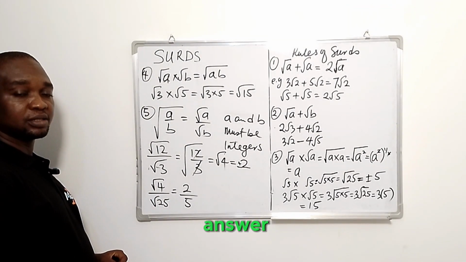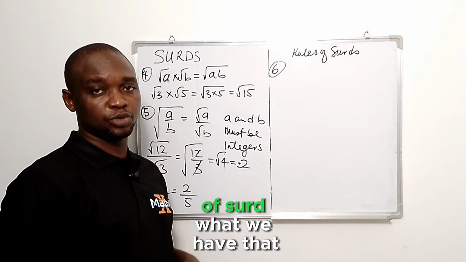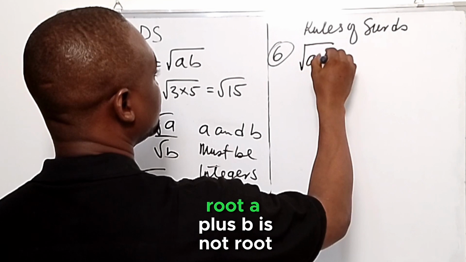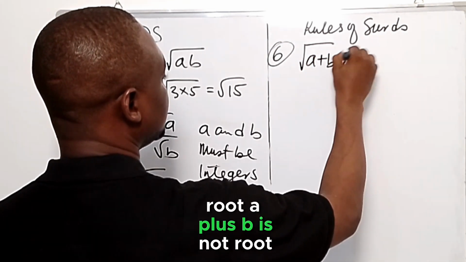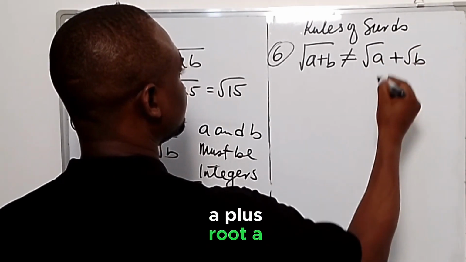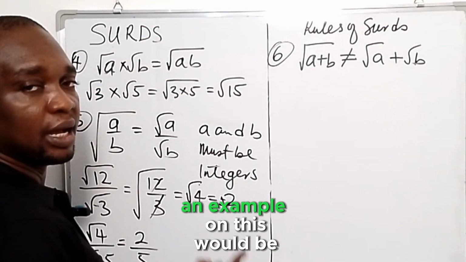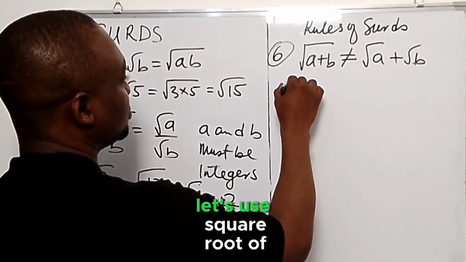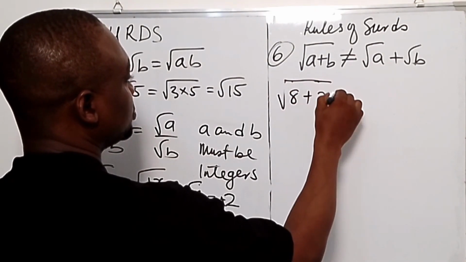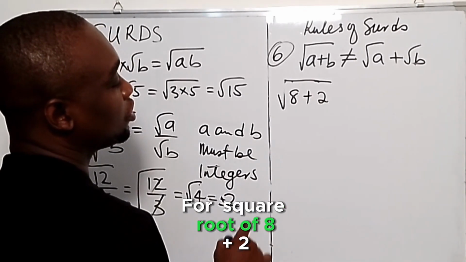That's your final answer. Let's look at the sixth rule of surds, where we have that root of A plus B is not root A plus root B. An example of this would be, let's use square root of 8 plus 2.